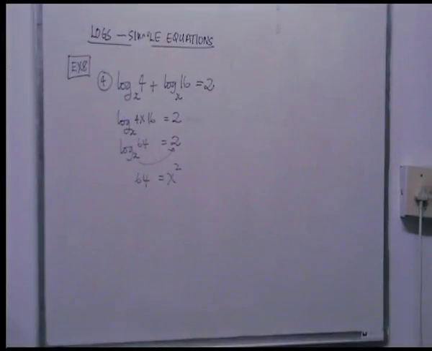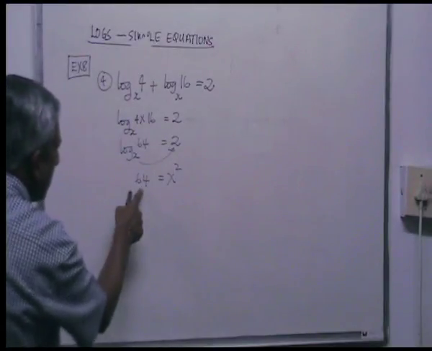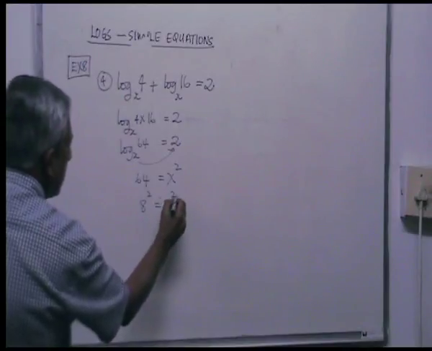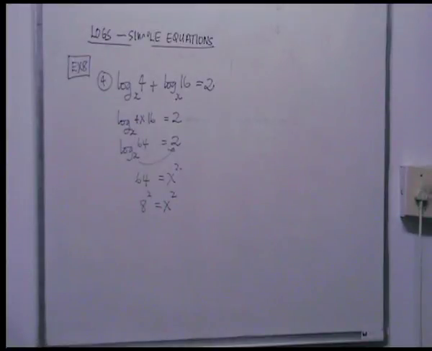Right, now common sense tells you that something squared gives me 64. So 8 squared gives me 64, you see. So 64 is 8 squared.